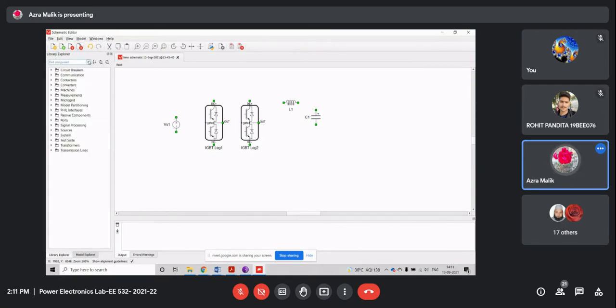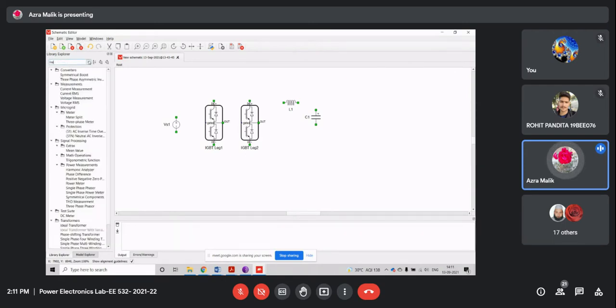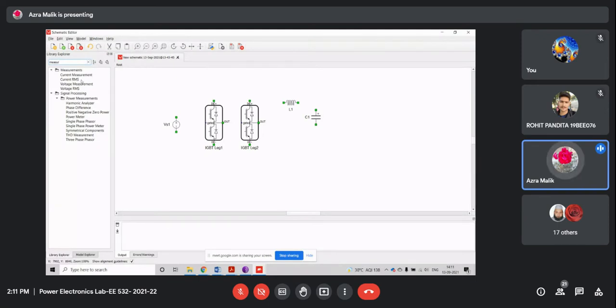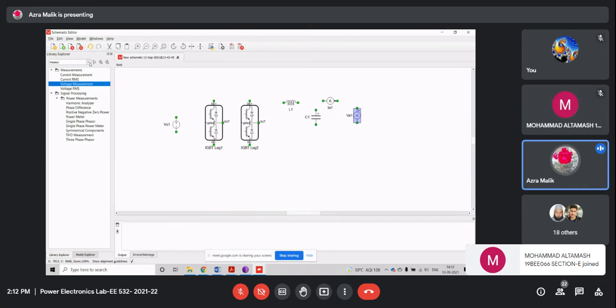Also, we need to check the current and voltage. So we need current measurement block and voltage measurement as well. At the output, we need a resistive load.